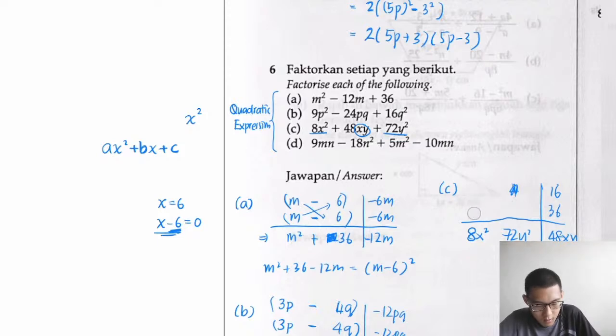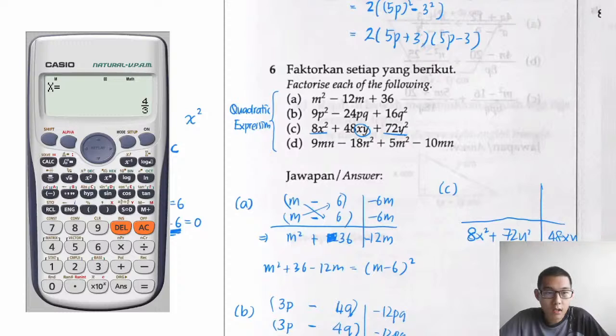So better I use a calculator, because I cannot see the answer clearly. So I use the calculator again. This one is very beneficial. Okay, so we try again. 8, 48. Another one is 72.